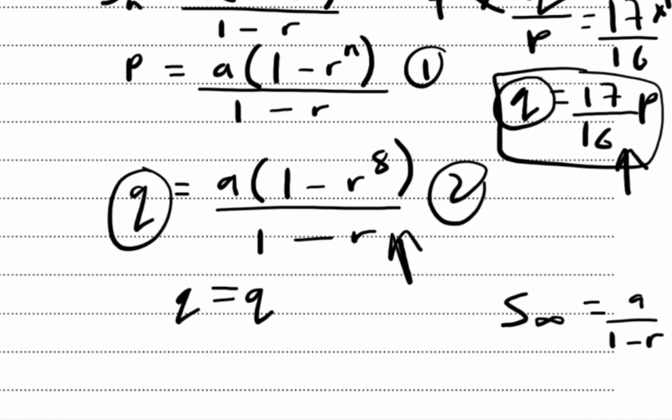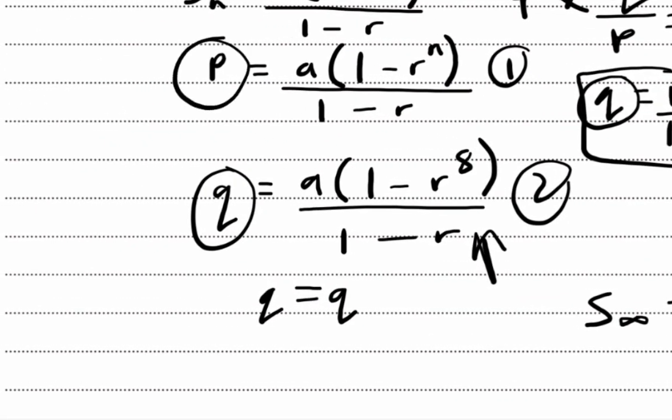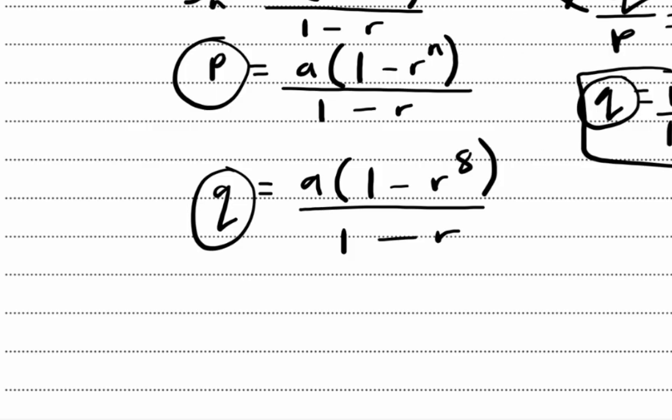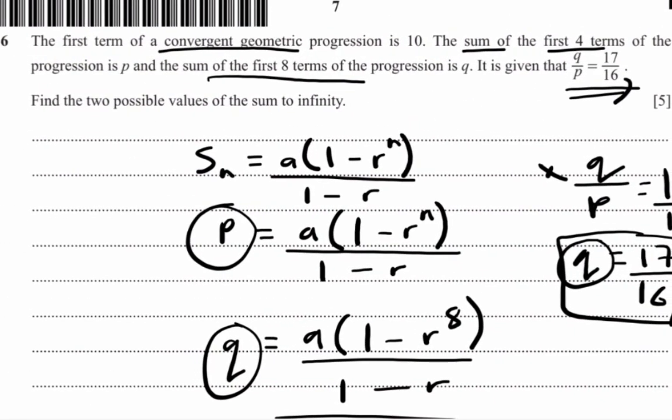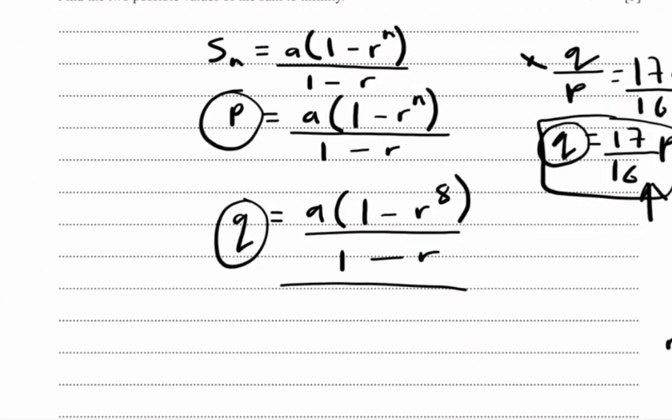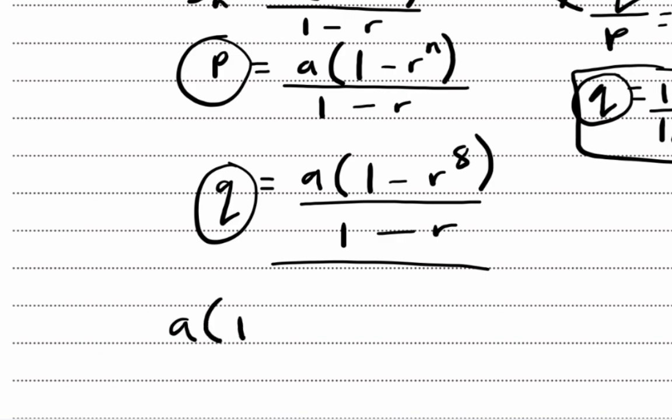So if we look at what we're given, we have P and Q, and P is this. Let me just rub this so that this is clear. We have P being equal to this and Q being equal to this. And the question told us that Q over P is 17 over 16. So our Q is a, bracket 1 minus r to the power 8, over 1 minus r.